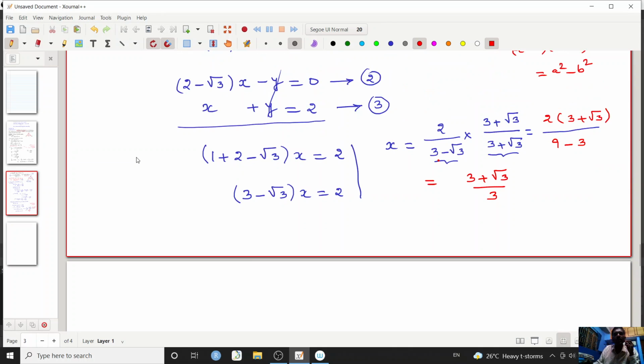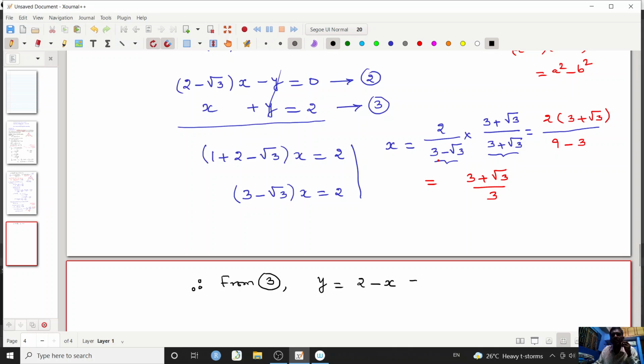Now we are going to find out the y coordinate. From equation 3, we can find the y coordinate. What is y? y is equal to 2 minus x, and that is nothing but 2 minus 3 plus root 3 over 3.